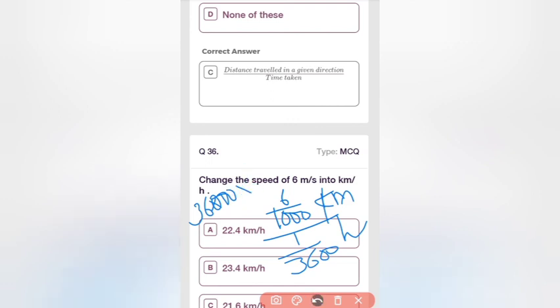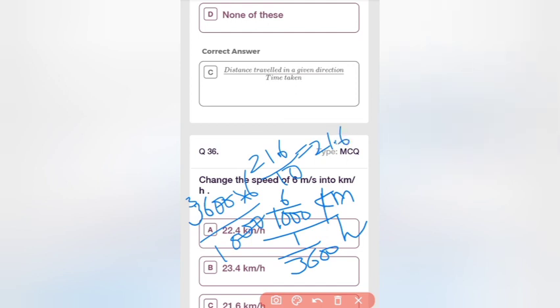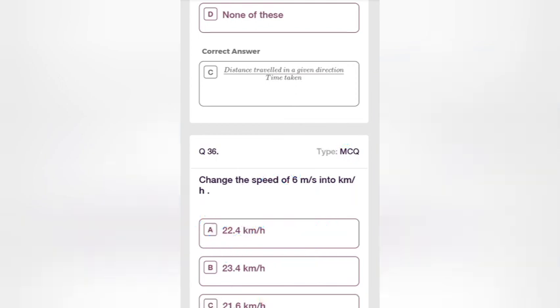Sorry, not 36,000. Here it is 3600 into 6 divided by 1000. Okay. And you can multiply this. So it is 216 divided by 10, which means it is 21.6. Okay, so we have converted to kilometer per hour. Option C is the correct answer.